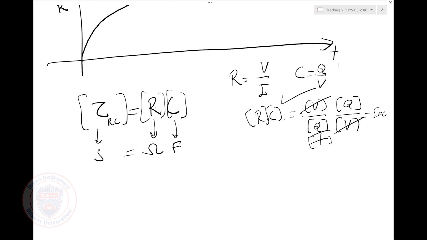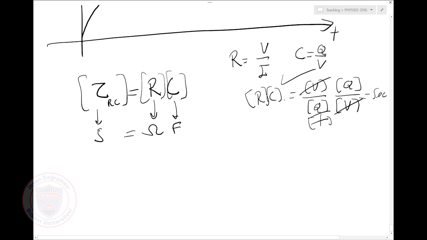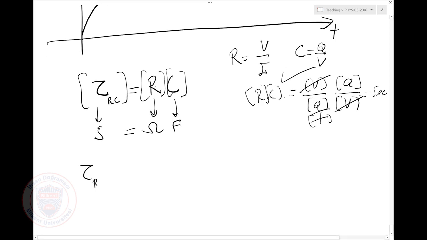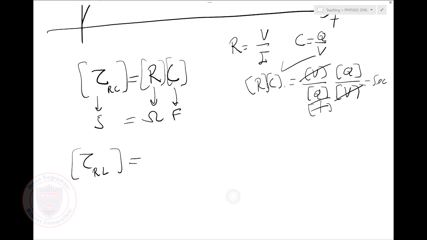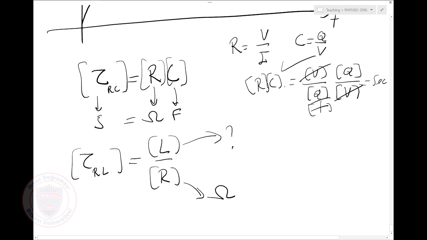Let's again talk about the time constant for the RL circuit. What did I say it was? It was L over R. So the unit of resistance is again ohm, but what's the unit of inductance? How did I define inductance?